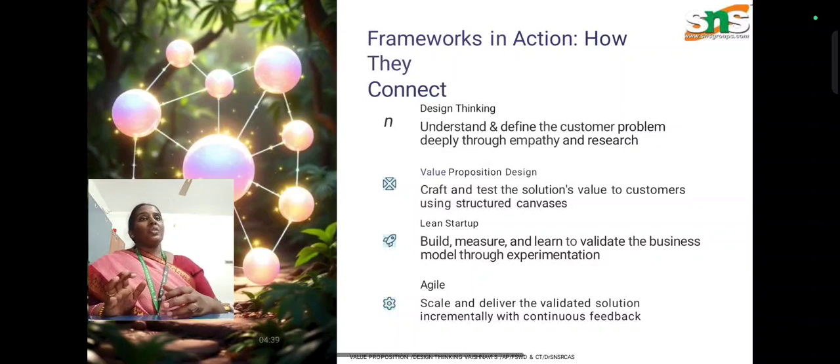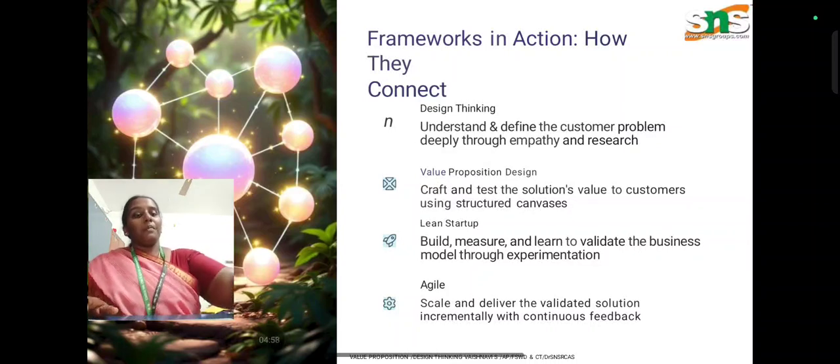So this is a solution for giving direct feedback for the business people. This lean startup is to build and measure the valid business model. Agile is to scale and deliver the validated solution immediately and also gives feedback to the business people.